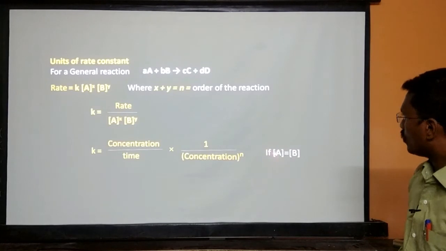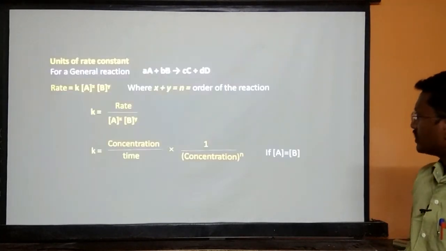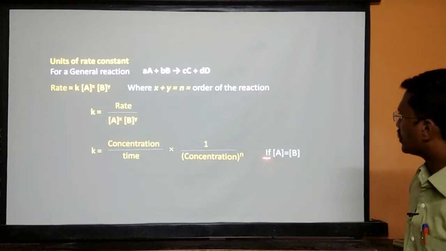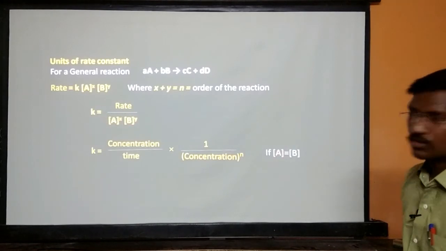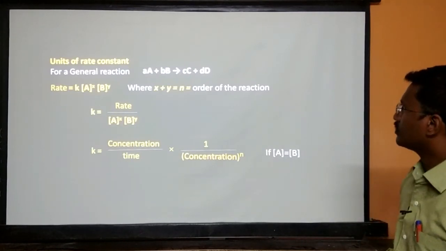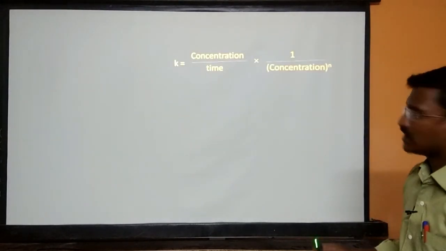Here, if the concentrations of A and B are similar, then only it is possible to write this, because together I am writing the concentration of A and B as the concentration of reactant. The power N indicates the order of the reaction. The next slide is the same thing.